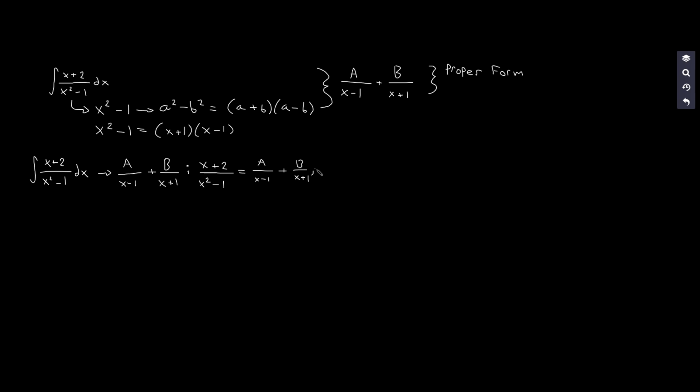So we could write x plus 2, and then the denominator we'll put in a factored form, x minus 1 times x plus 1, difference of squares, right? Equals a over x minus 1 plus b over x plus 1. And then we have to multiply both sides by the LCD.